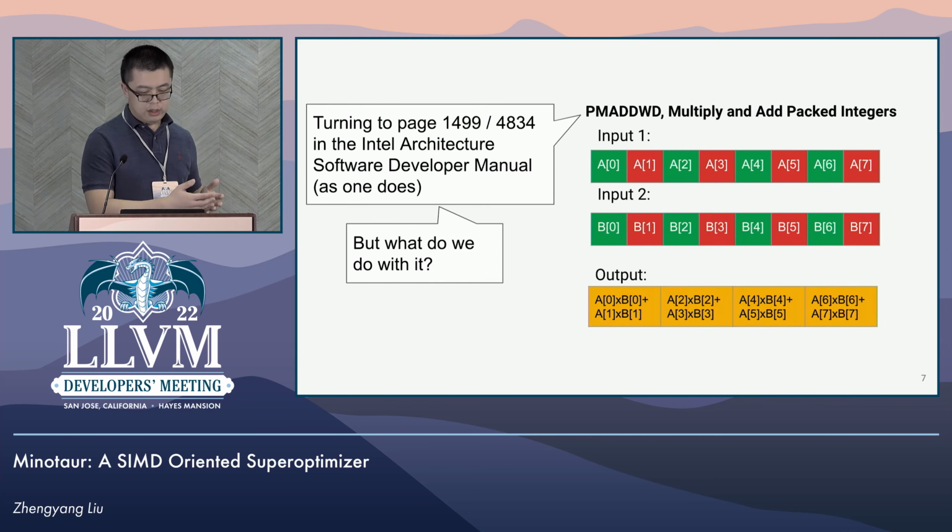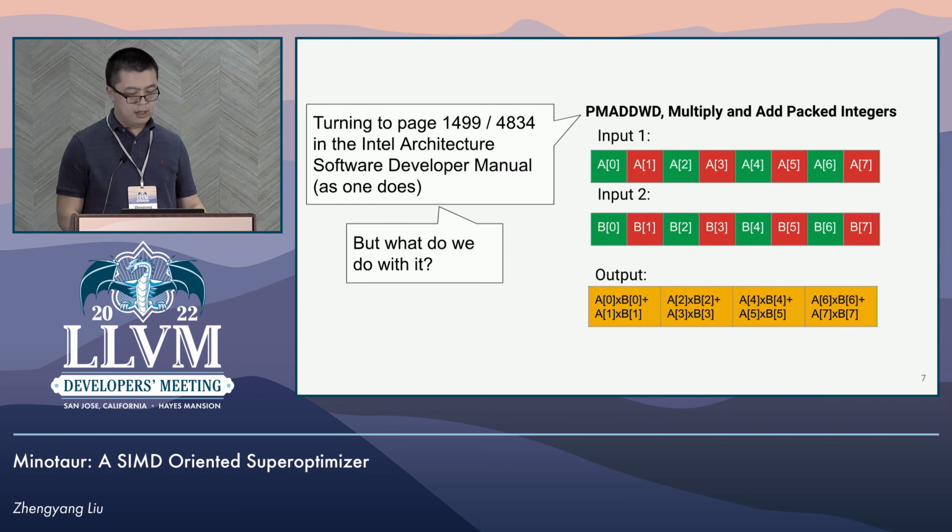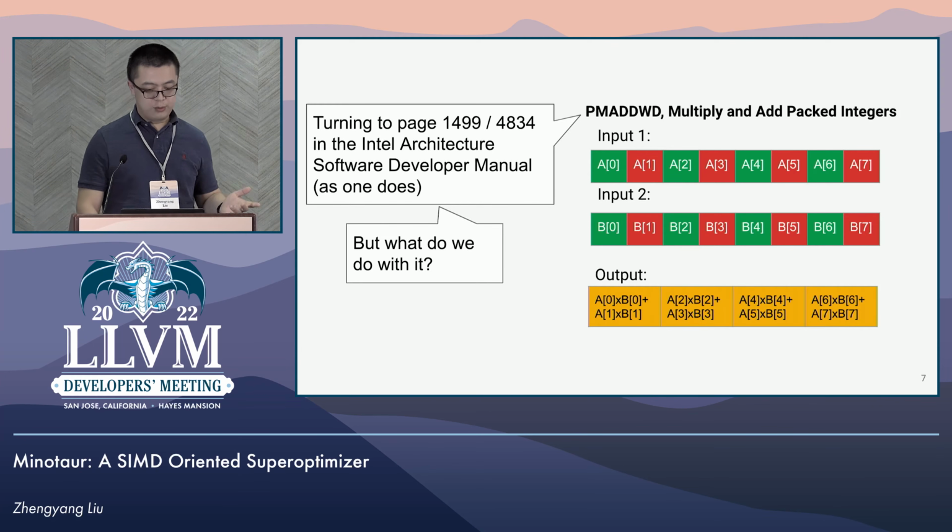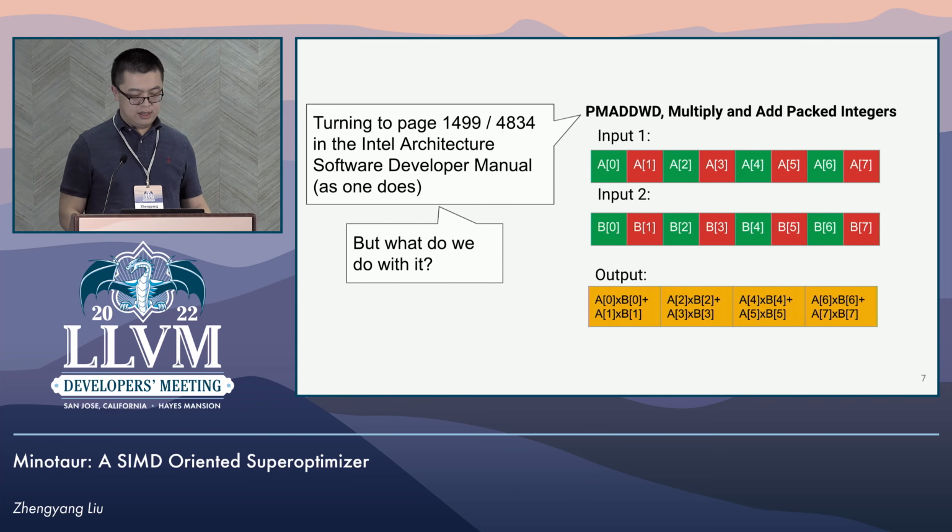But meanwhile, Intel SSE has this nice instruction, PMADDWD. This instruction multiplies packed 16-bit integers from two vectors and then adds the adjacent results together. But what do we do with this instruction in the context of our example?